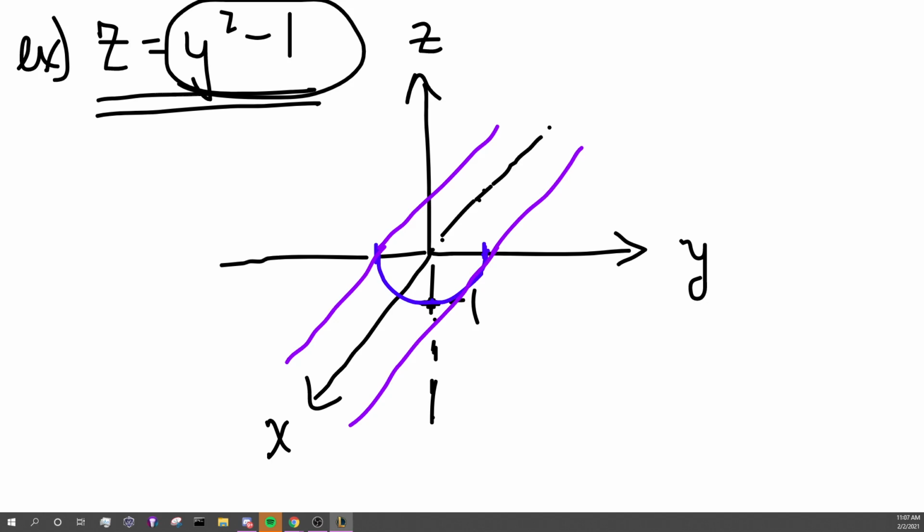Essentially throughout this whole plane we're going to have a series of, kind of a half plane, that is going to be along the x-axis. Okay, any questions?